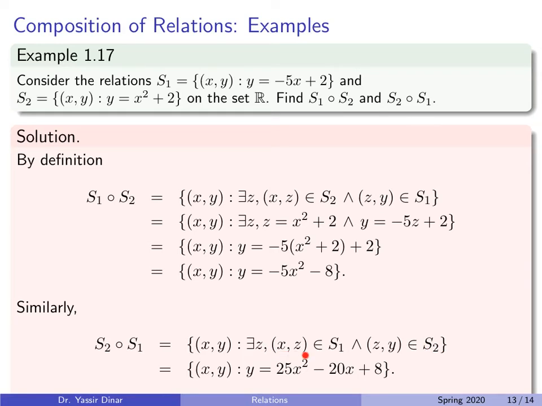So writing the definition of S1 for x and z, I write in the definition of (z, y) for the relation S2 and substituting that, we will find that as a result, S2 circle S1 is all the elements x and y, such that y is equal to 25 times the first coordinate squared, minus 20 times the first coordinate, which is here x, plus 8.